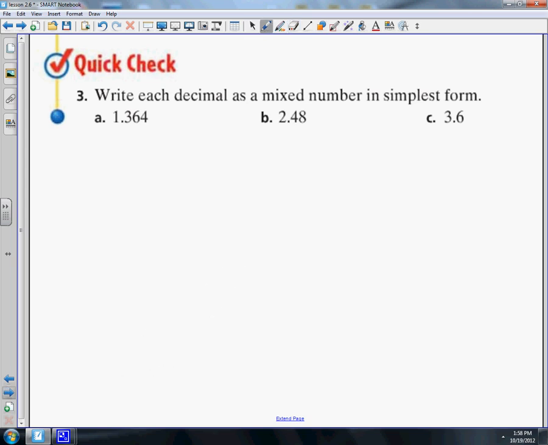All right. For B, again, we're not going to worry about the 2 right now. We're just going to worry about the 4 and the 8. Since the 8 is in the hundredth spot, we're going to try to put 100 into 48. Again, simplifying this out. Let's see, if we divide both numbers by 2, 48 divided by 2 is 24. 100 divided by 2 is 50.